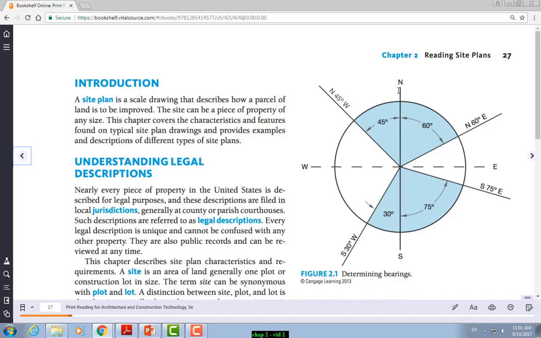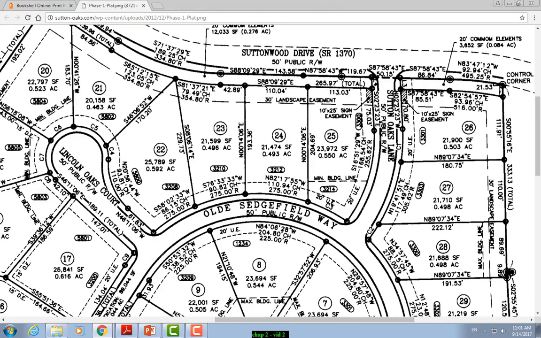All of us know that we have north, south, east, and west. Remember those angles I was showing you. See right here, it says south 88, and so on. It says north, it says south, and each one has its own, like south 48 degrees, 6 minutes, 52 seconds west.